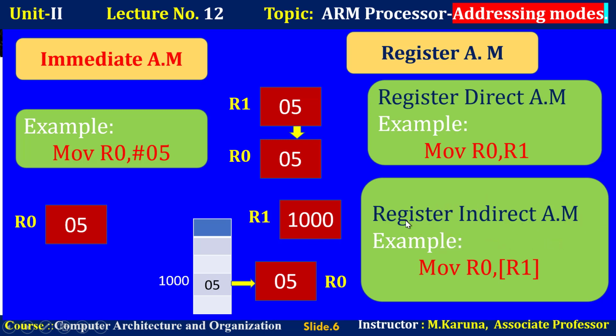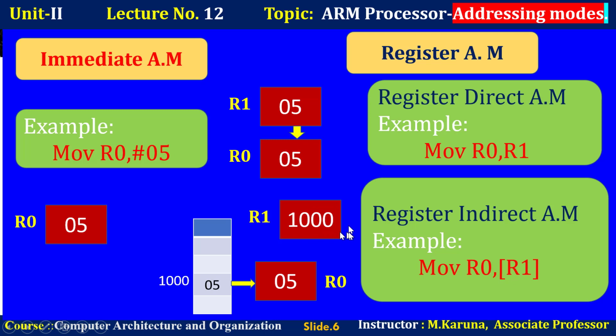In this case the same instruction is used: Move R0, R1. In the previous case, register direct addressing mode, R1 has the data which is transferred to the destination register R0. Here the data is available in R1. In the indirect addressing mode, R1 has the address of the data. Here 1000 is the address of the data.